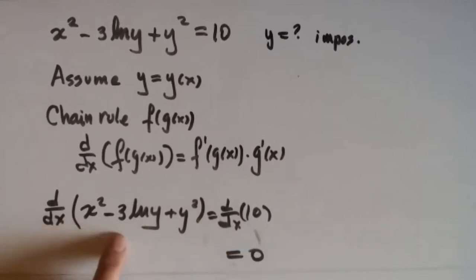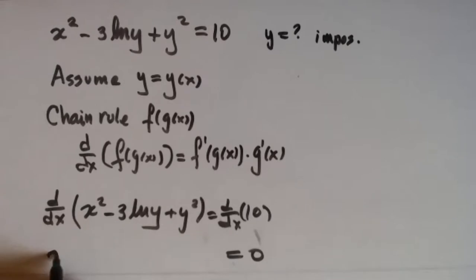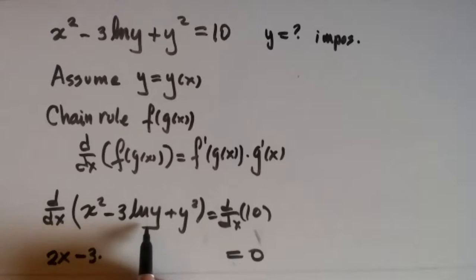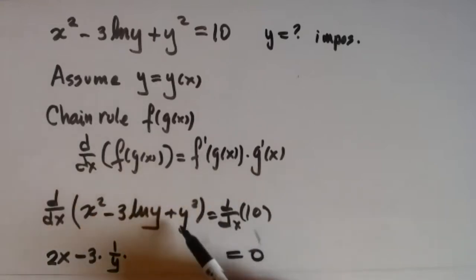And now I have to take the derivative of these three portions right here. The derivative of x squared is easy. That is 2x, so no problem. The derivative of 3 ln y is 3 times the derivative of ln y. We know that the derivative of the log is the reciprocal, 1 over y, times, as the chain rule says, the derivative of y with respect to x.